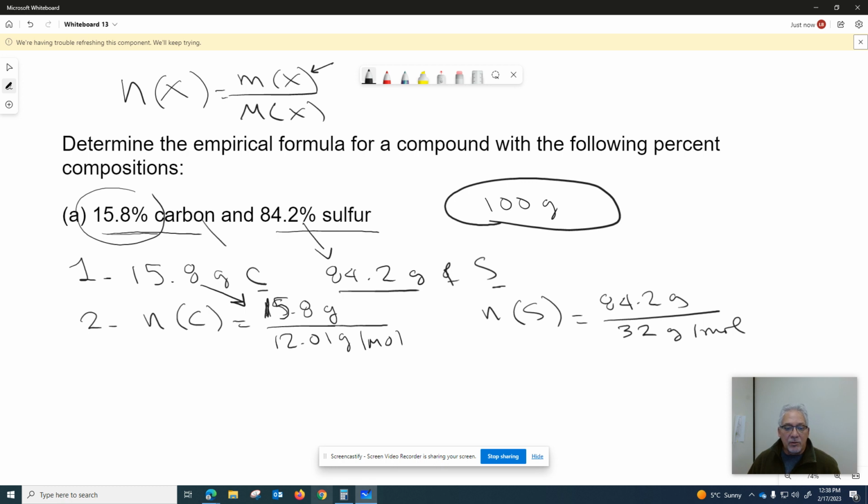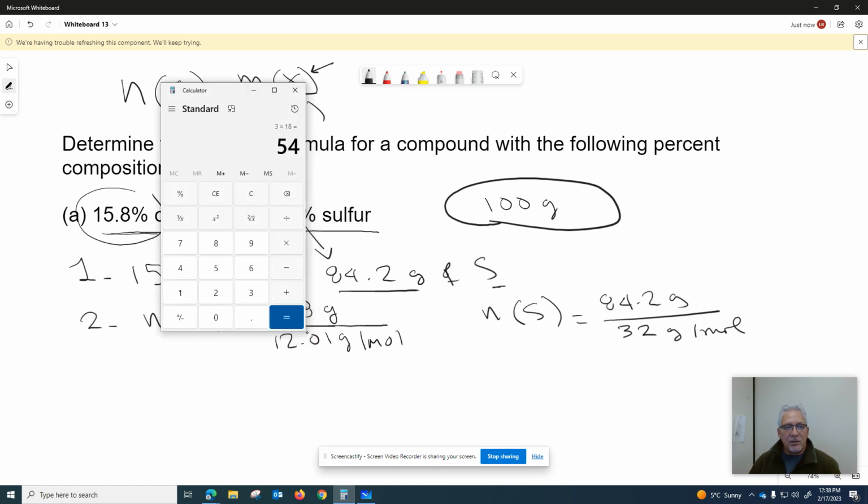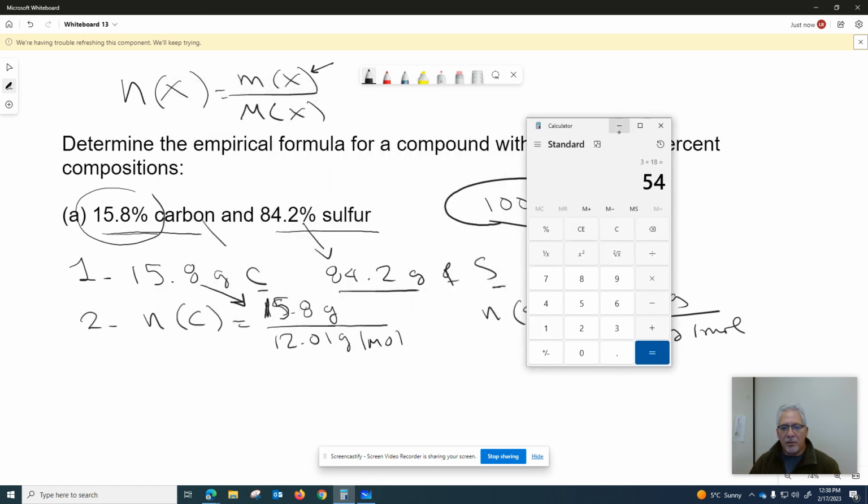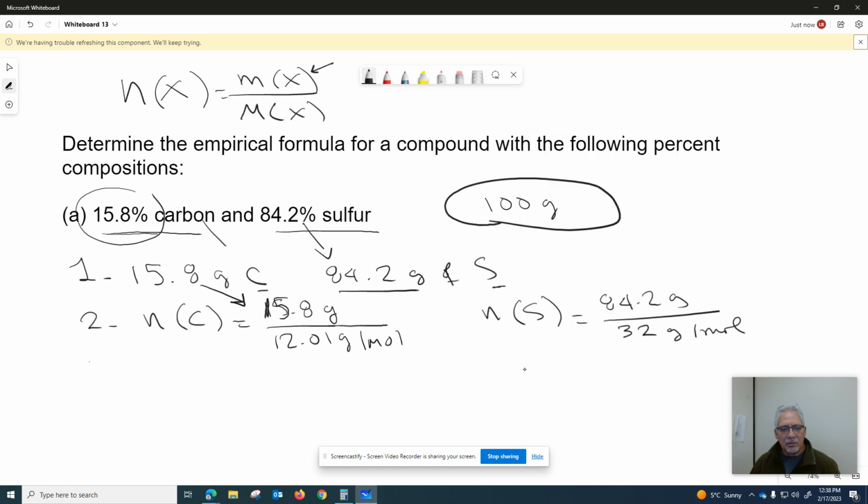Next thing will be, of course, dividing. Let's do the division for the first one. That will be 15.8 divided by 12.01, and I get 1.31 mole.